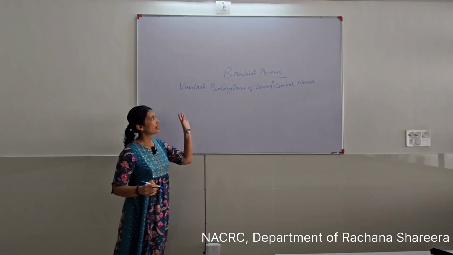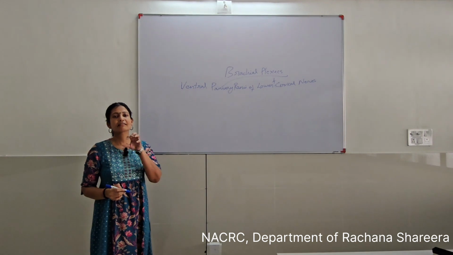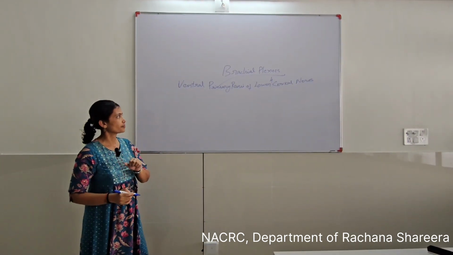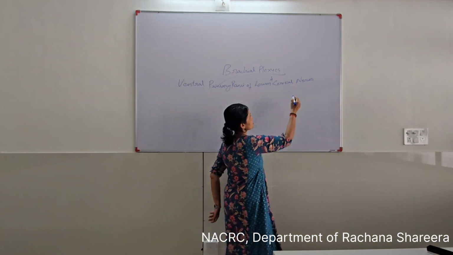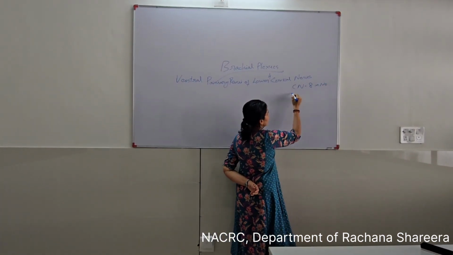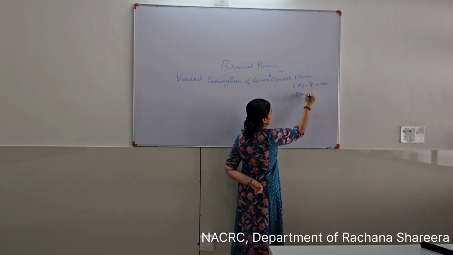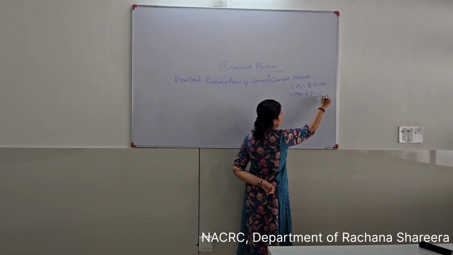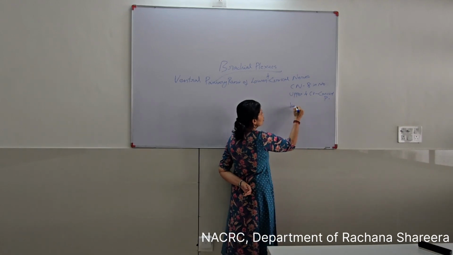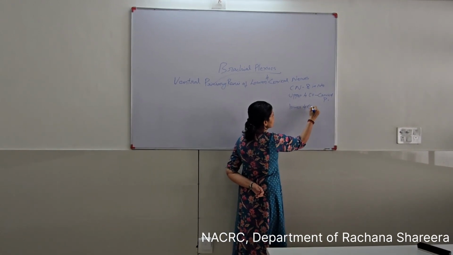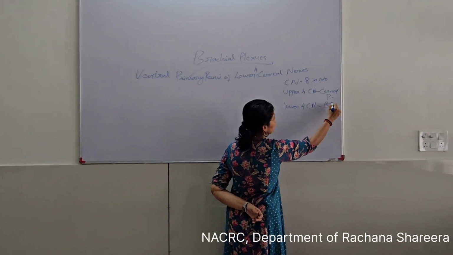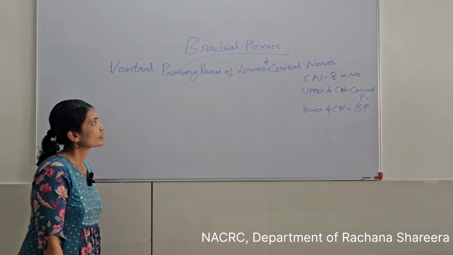So they are formed by the union of ventral rami of lower four cervical nerves. Now cervical nerves, they are 8 in number. Upper four cervical nerves form the cervical plexus, and lower four cervical nerves form the brachial plexus.